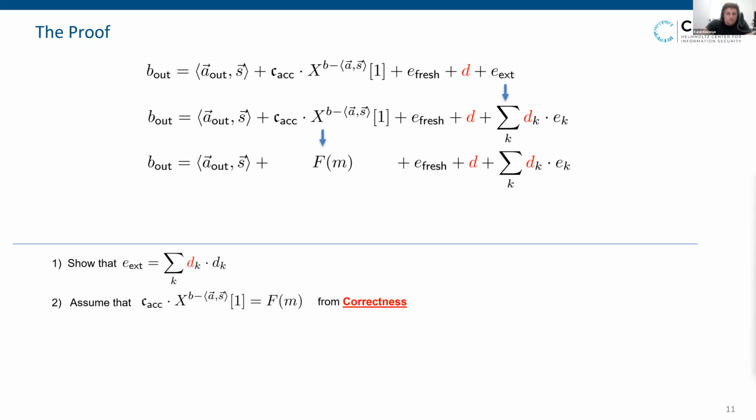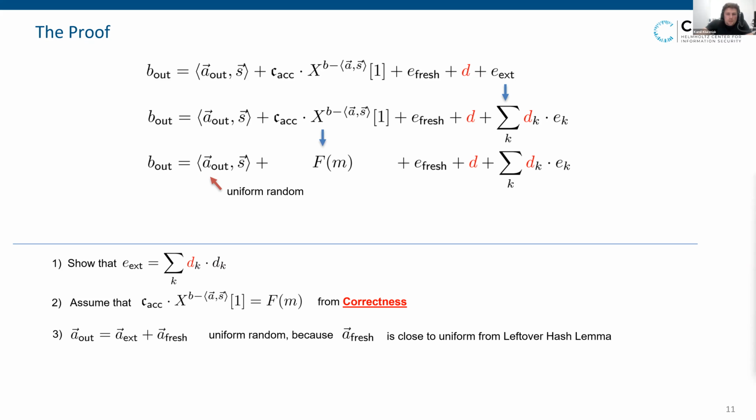The next step is that we have that A out is uniform if A fresh is uniform, and this comes from the leftover hash lemma. So we actually sample this fresh ciphertext by computing a random multi-sum of LWE ciphertexts of 0.